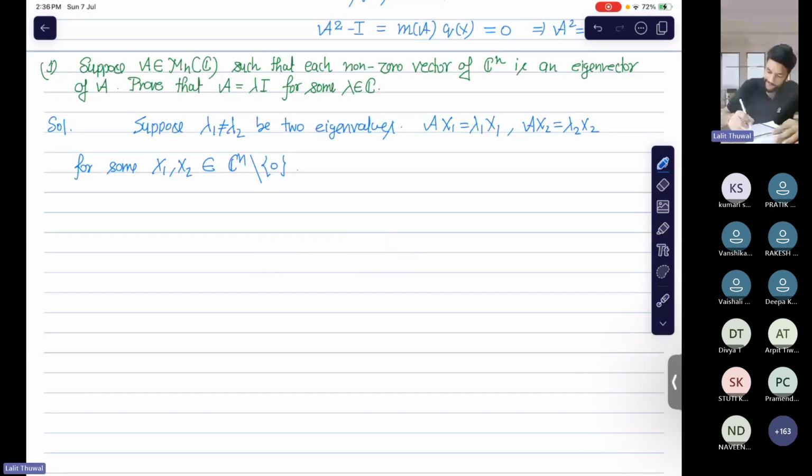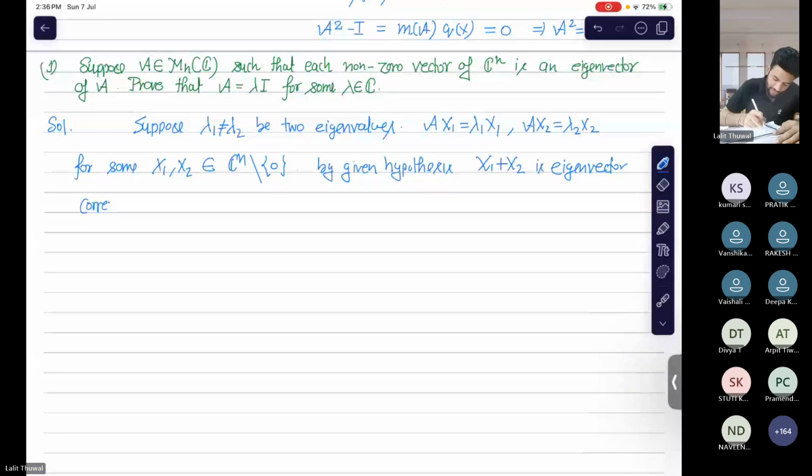So by the given hypothesis, x1 plus x2 is an eigenvector corresponding to some lambda, right? So we have A(x1 plus x2) equal to lambda(x1 plus x2) for some lambda.